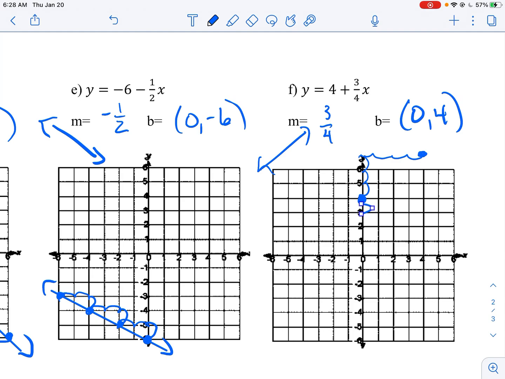Oopsie daisy, how about we undo that? 1, 2, 3, but I need to make sure it's going in the positive direction. So I'm going to go over here. 1, 2, 3, 4. Okay, so now I'm just going to draw a line that goes through each one of these, and voila.